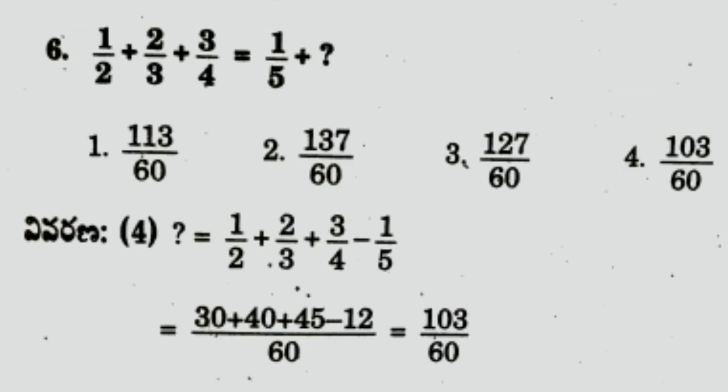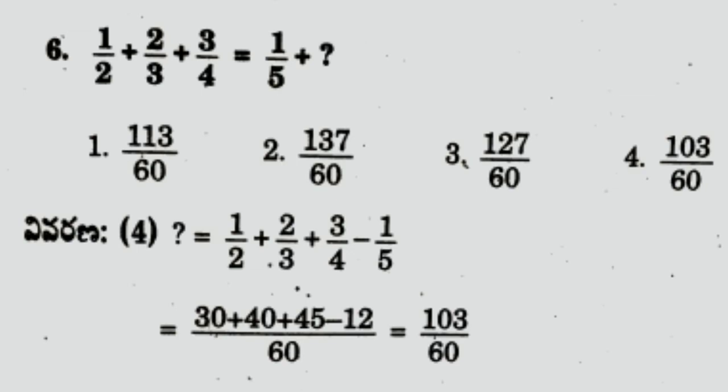Solve 1 by 2 plus 2 by 3 plus 3 by 4 is equal to 1 by 5 plus question mark. The options are 1) 113 by 60, 2) 137 by 60, 3) 127 by 60, 4) 103 by 60. Solution: 1 by 2 plus 2 by 3 plus 3 by 4 minus 1 by 5 is equal to x.